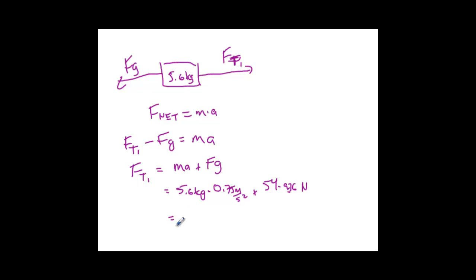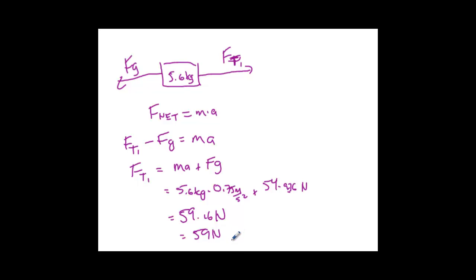So I'm going to times by 0.75, whatever that number was, without rounding, like 0.7546153, and then add 54.936. So I have a tension in the rope of 59.16 newtons. I think I only get 2 sig digs again, so let's call it 59 newtons.